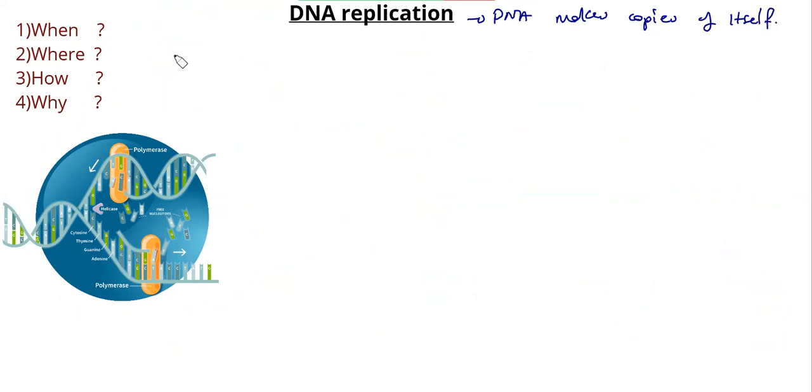Now, the question is, when does this happen? That's the first question that we have. DNA replication occurs usually before cell division.